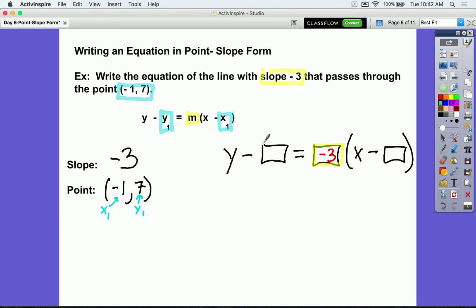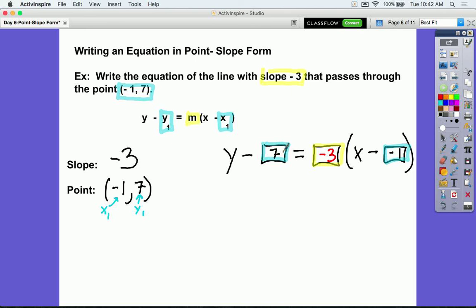I know that the 2 point values are going to go in these two spots. So the x value is going to go here, x minus -1, and I'm going to leave it as a -1 for now, just so that we completely understand why the equation turns out to be the way that it does. And for my y value, y minus 7.